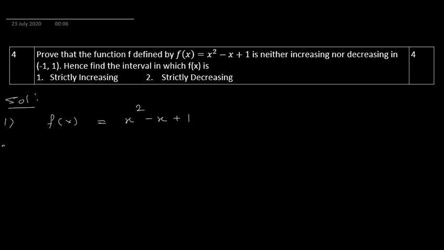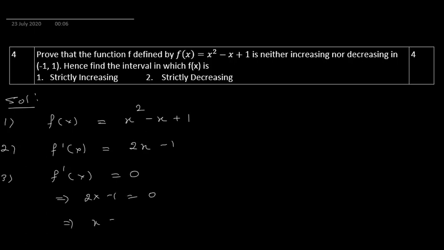Second step, you differentiate, you find f dash x, which is 2x minus 1. Third step, you equate f dash x to 0. So 2x minus 1 is 0, that is x equals half.